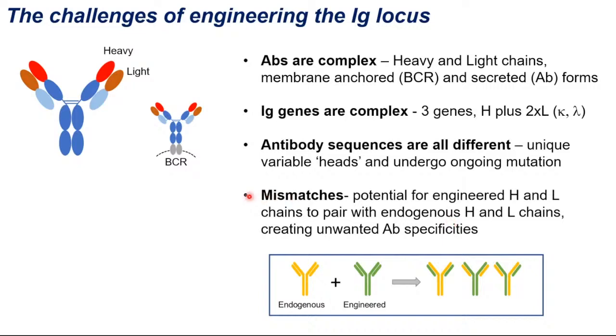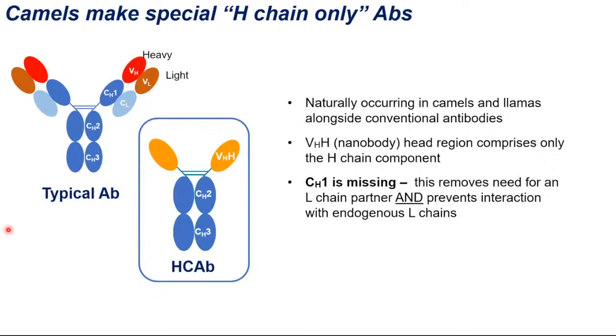Great. Okay. Here's what rescued us, the camel. It's quite a picture, isn't it? Let me explain why camels have come to our rescue. Camels make a special group of antibody that we call heavy chain only antibodies.